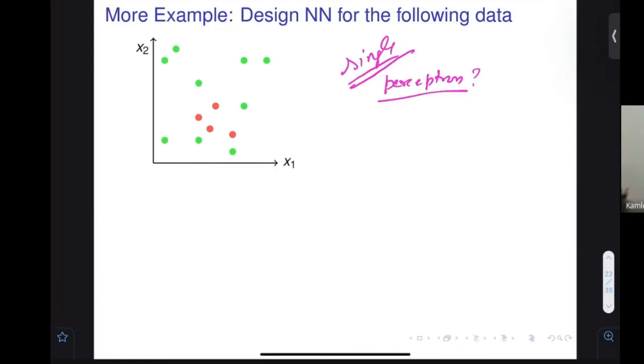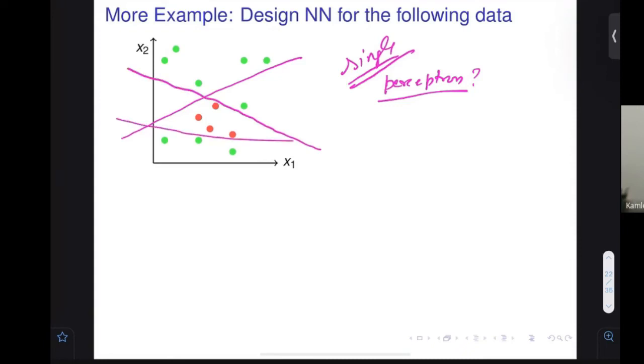What do I mean by this? You draw a line like this, a line like this, and a line like this. Three lines you draw. Maybe these lines could be represented using some colors also.